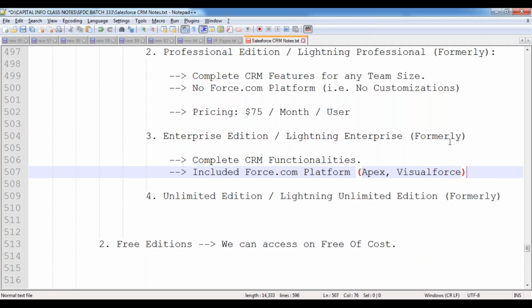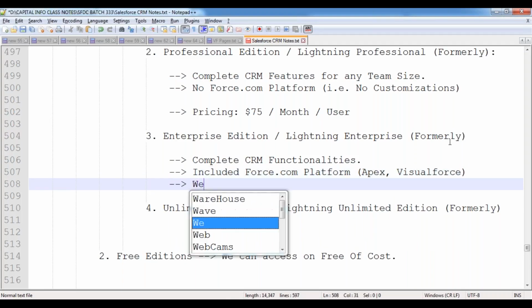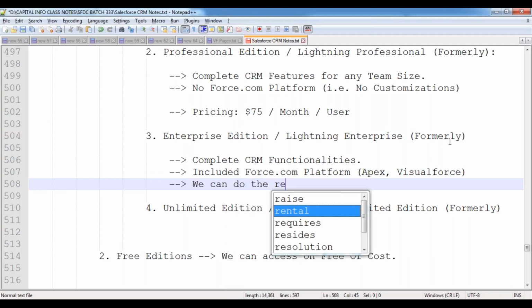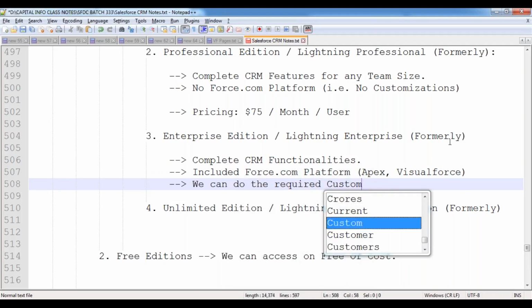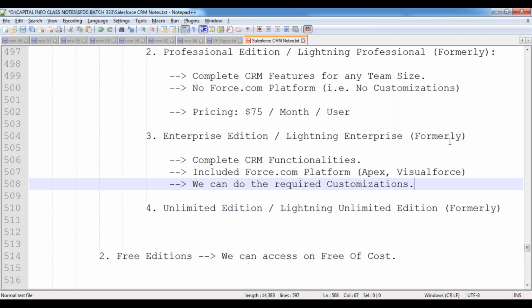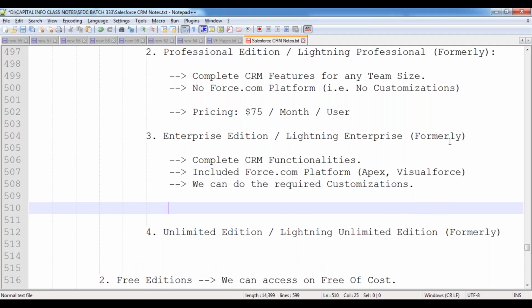That means we can do the required customizations here. Whatever custom functionalities you want, we can build everything using this enterprise edition. From enterprise edition onwards only, Salesforce has introduced the Force.com platform.